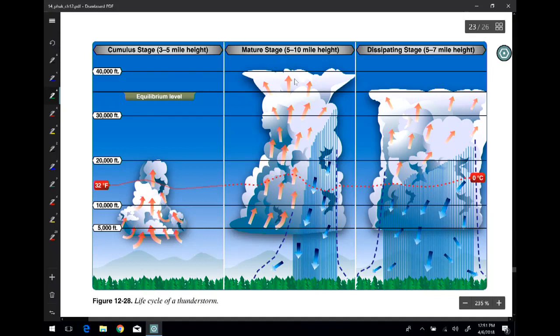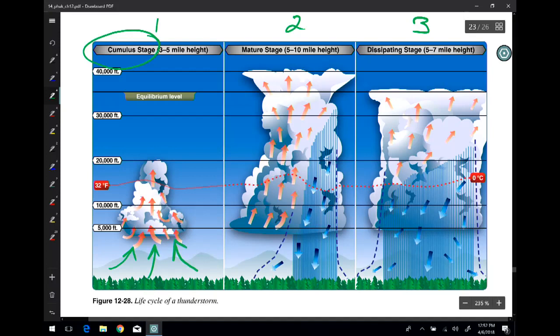There's 3 stages to a thunderstorm. And by the way, these are going to be things that you're going to want to record. So you may need to come back to this video and watch this again. 1, 2, 3. The first stage is the cumulus stage. The cumulus stage is that part where now you have some kind of lifting action in an unstable, moist environment where the air is being forced up or drawn up.